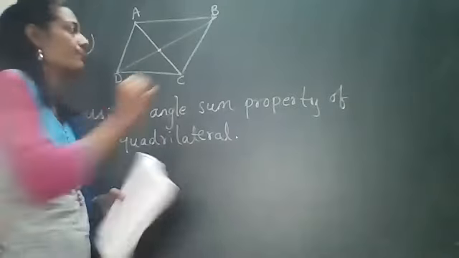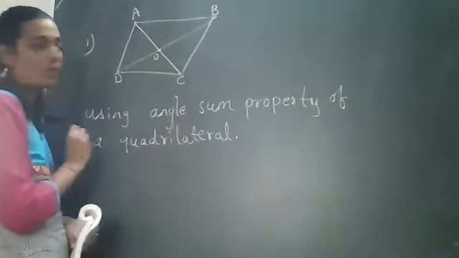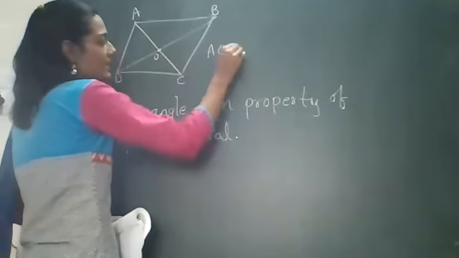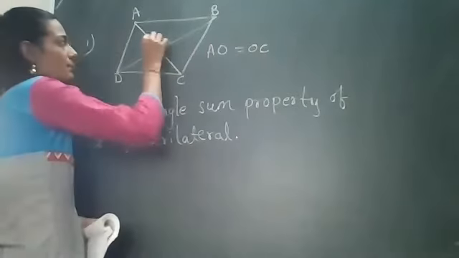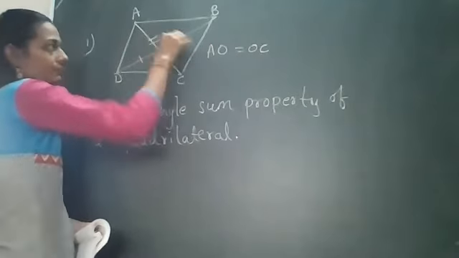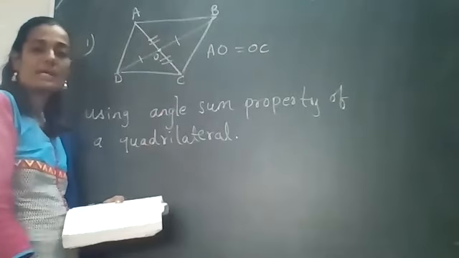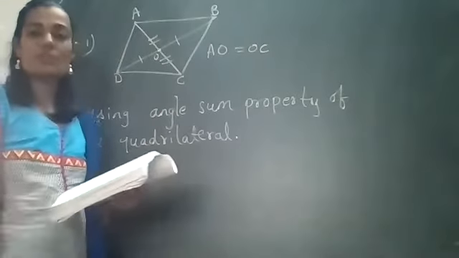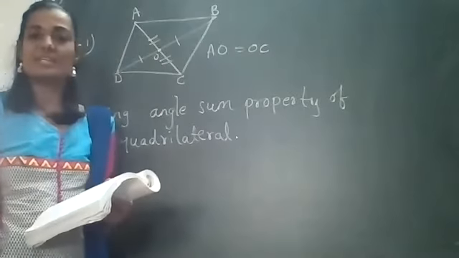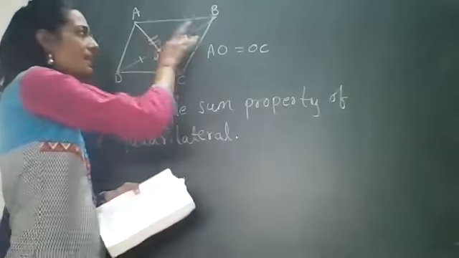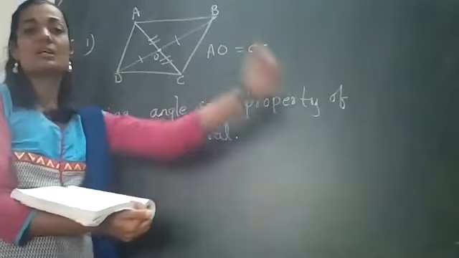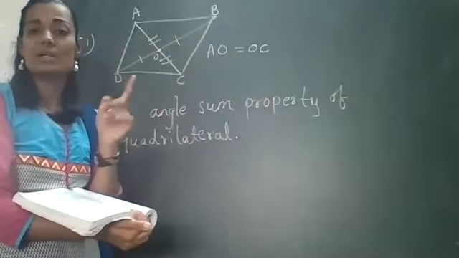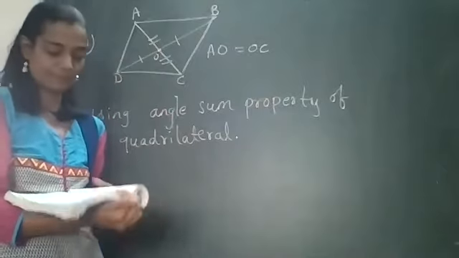Two equal halves. If we consider this point as O, then we can see that AO is equal to OC. Means these would be the same. Diagonals of a parallelogram bisect each other, means each diagonal is divided into two equal halves.